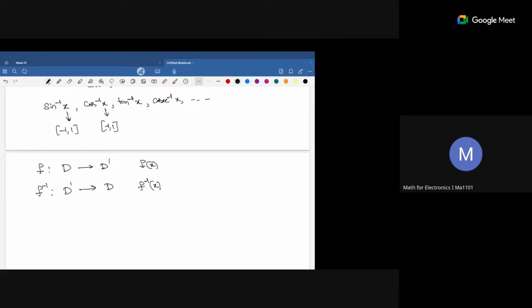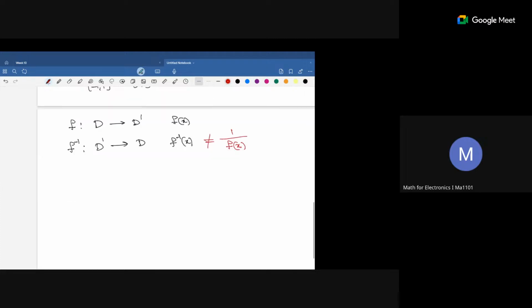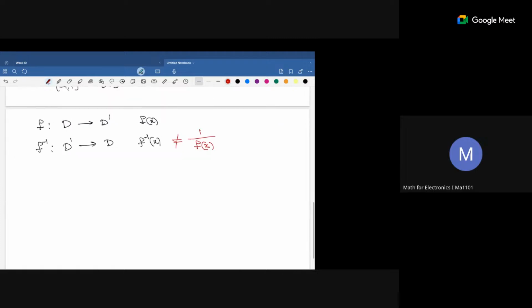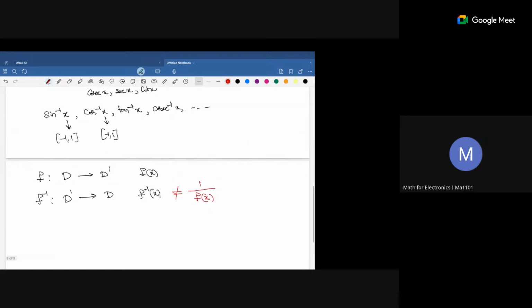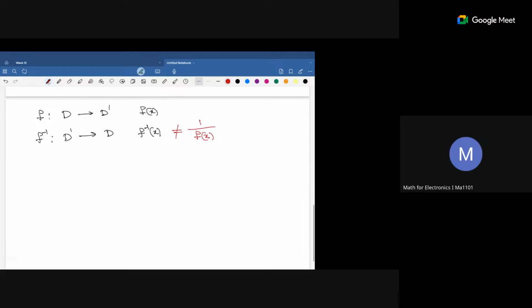A strong note: f inverse of x is not 1 by f of x. So f inverse of x doesn't mean that power is -1, so I can take it to the denominator. That's not how functions work. That means sine inverse of x is not 1 by sine x. Sine inverse x is a different kind of function, and we can also plot it.